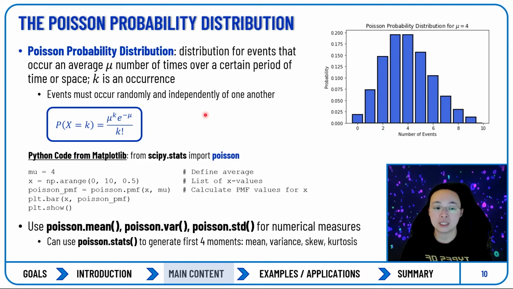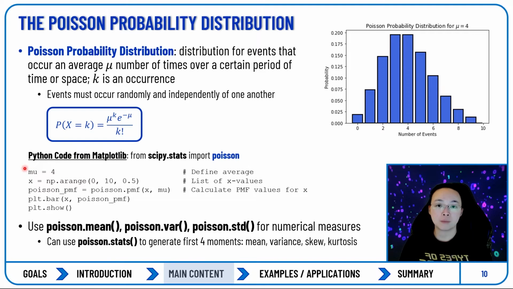Once again, do we need to know how to do this math by hand? I would say no. Let's go through how we can apply Python code to this distribution. We can use the Poisson package from scipy.stats. We have a few different parameters to define.